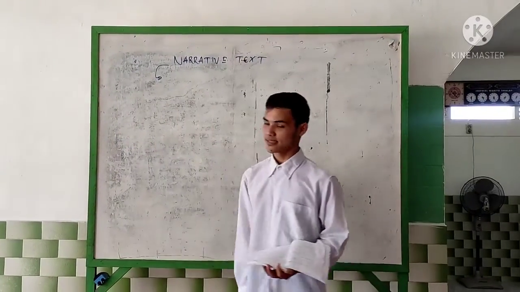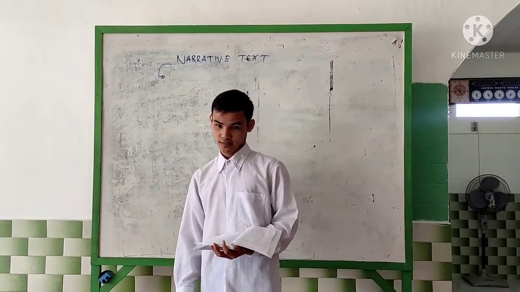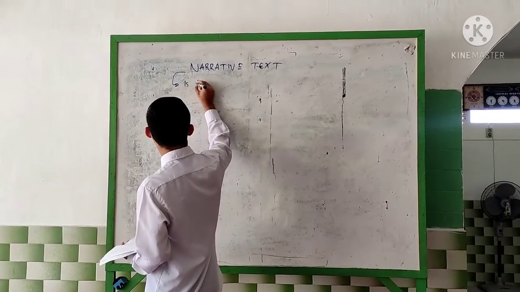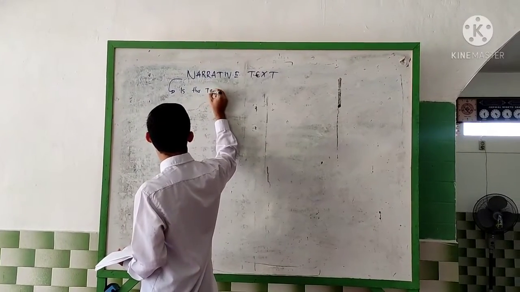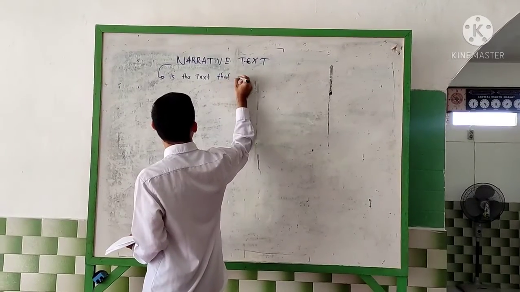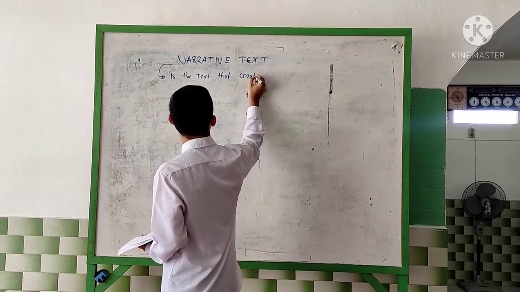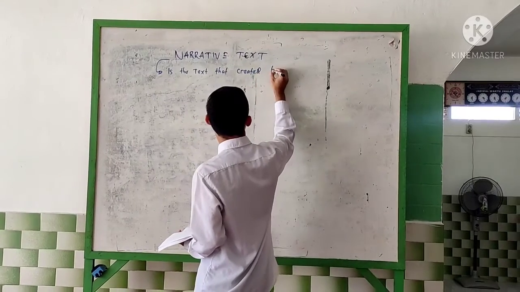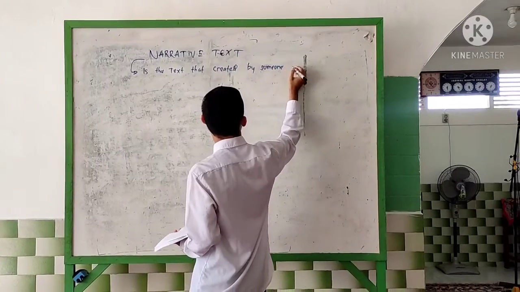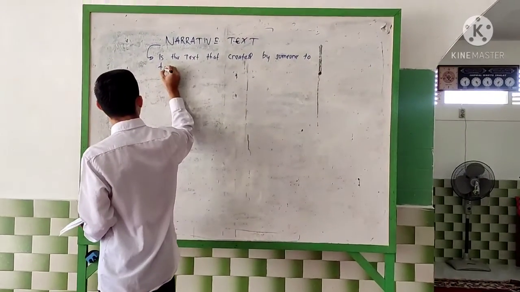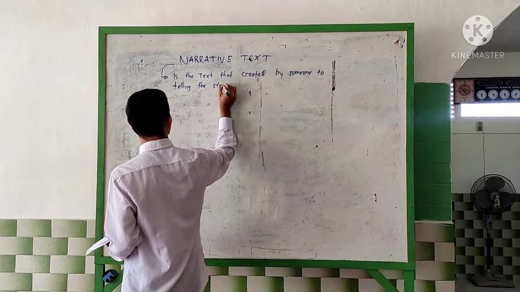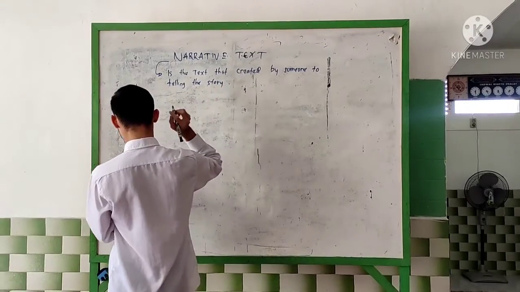So, what is narrative text? Narrative text is the text that is created by someone. The story, by someone who is telling the story. Okay.